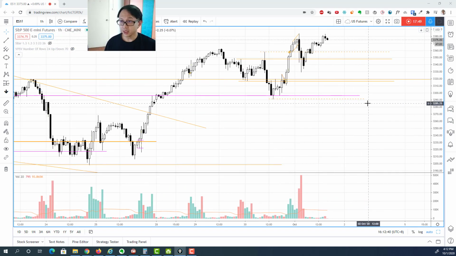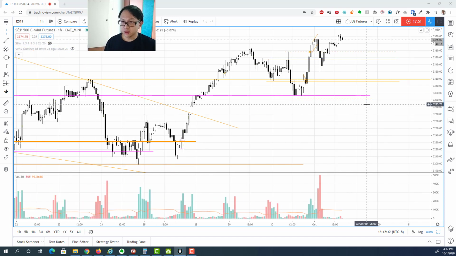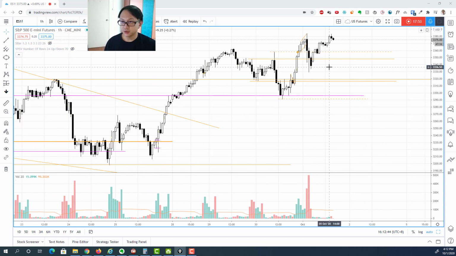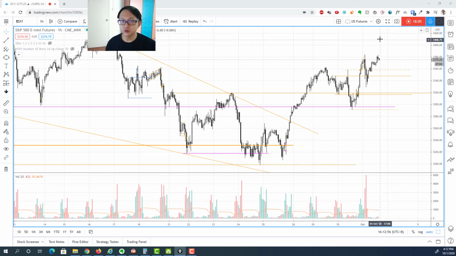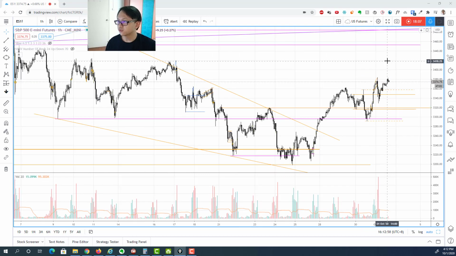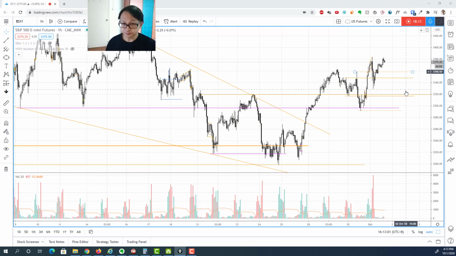And for the immediate resistance and support levels, definitely I think the resistance will be around 33.80, so we are right at the resistance level, and the next level will be around 34.20, followed by 34.50.